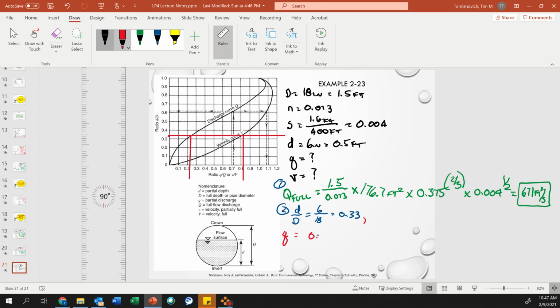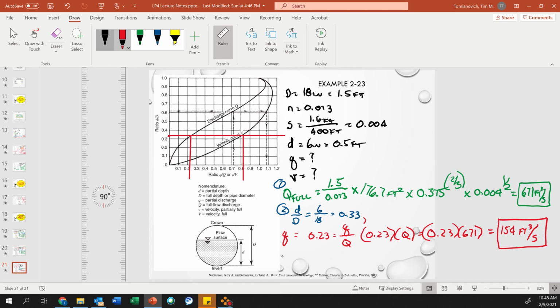That equals little q over big Q, so I take 0.23 times my Q full, 0.23 times 671, and that's 154 cubic feet per second. I'm just rounding. So that is the discharge at a depth of 6 inches in that pipe.